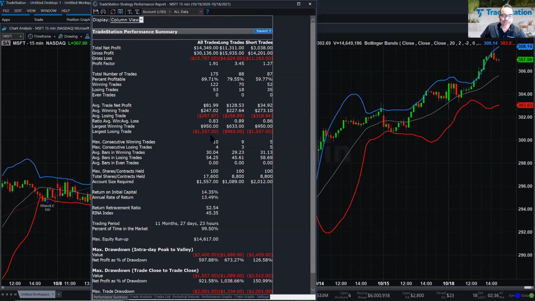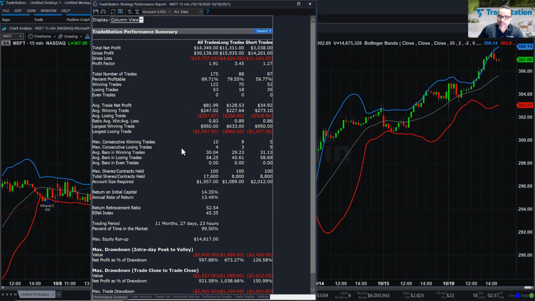Take a look at this largest losing trade of $1,557. Maybe that's an area where my strategy needs work. How do I prevent the strategy from losing that big of a trade? We'll take a look at that in a moment. But this is very telling information about where the weaknesses of my strategy are.